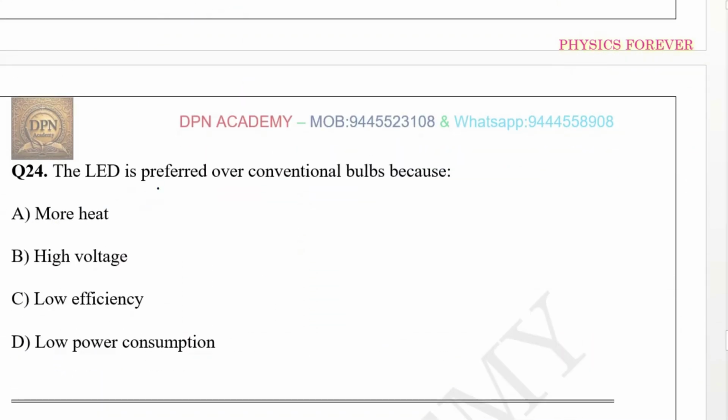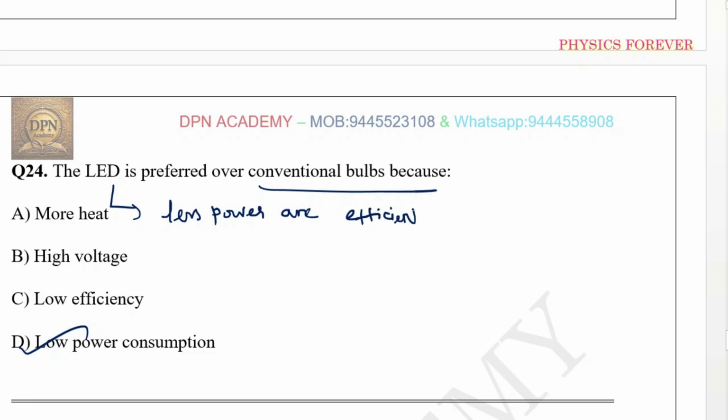Then, LED is preferred over a conventional bulb because of low power consumption. LEDs consume less power and are efficient. These are all the most important points.